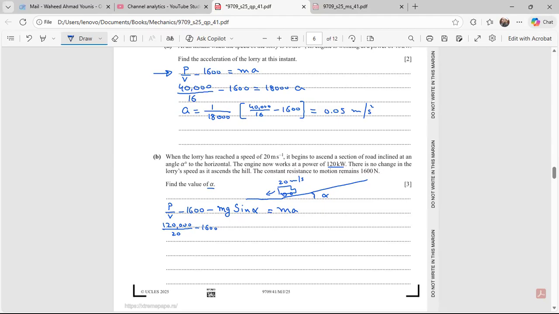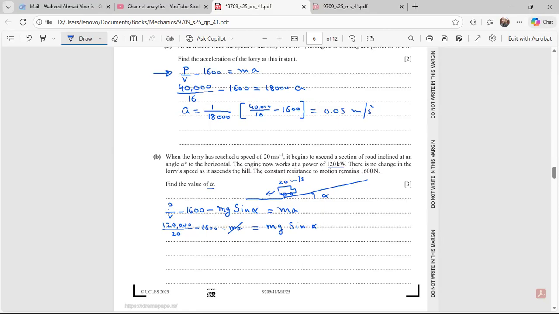So minus ma, let's write it ma, but this is zero. And this is equal to mg sine of alpha.